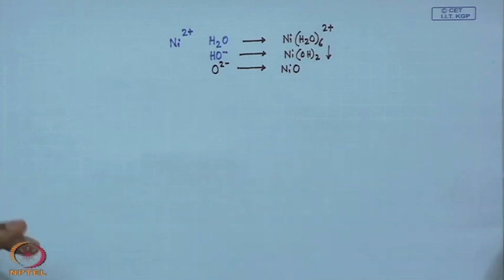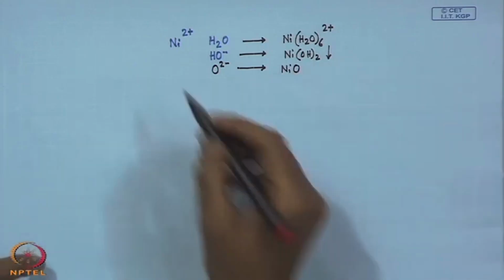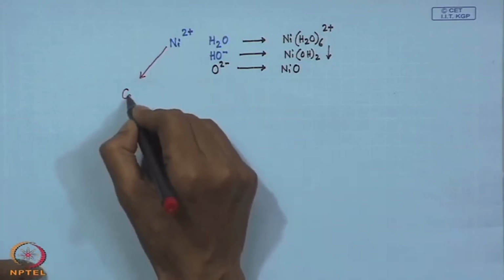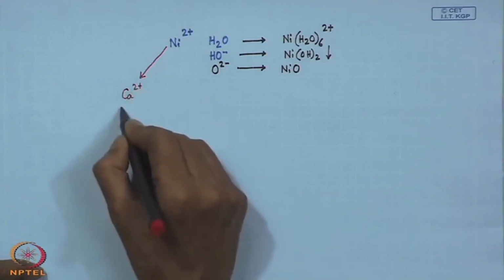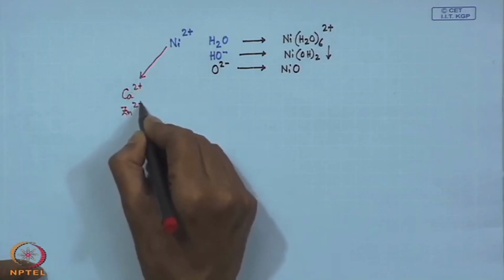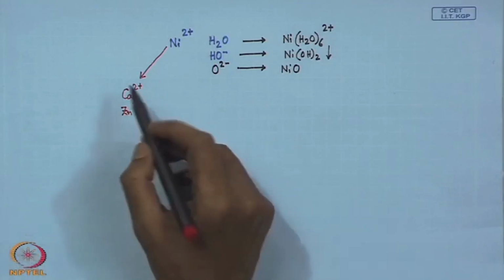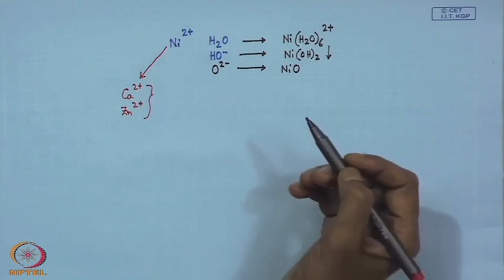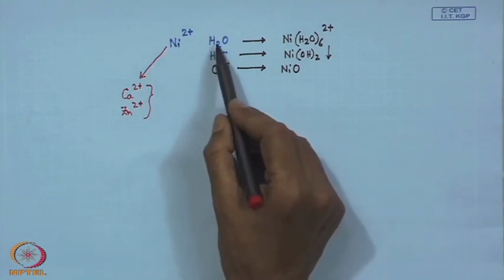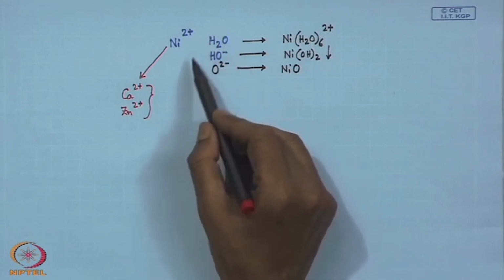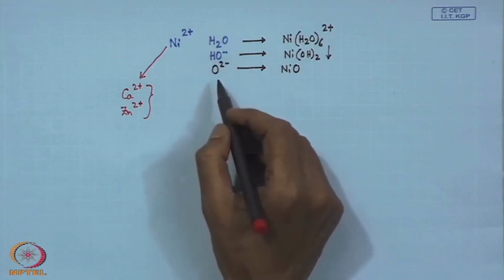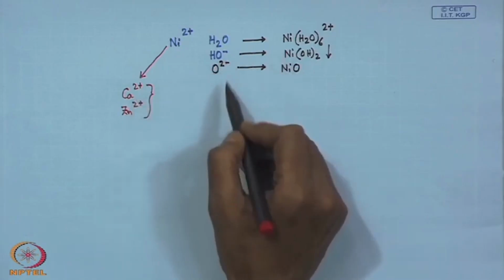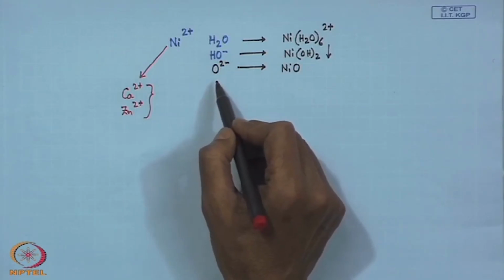So if we change these environments and compare this nickel 2 ion with, say, calcium 2 plus or zinc 2 plus, because these two ions without having any d electron can interact with these molecules or some other ligand groups in a similar fashion, they can interact with the water molecule and give rise to the corresponding hydroxides as well as oxides.